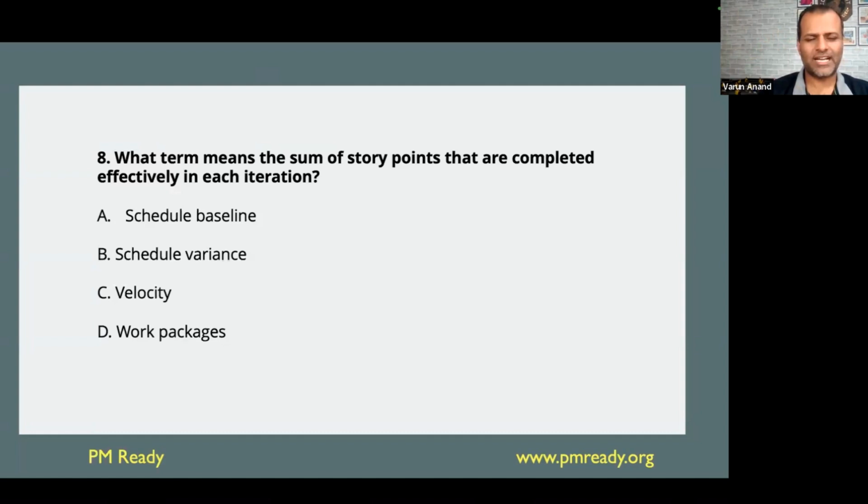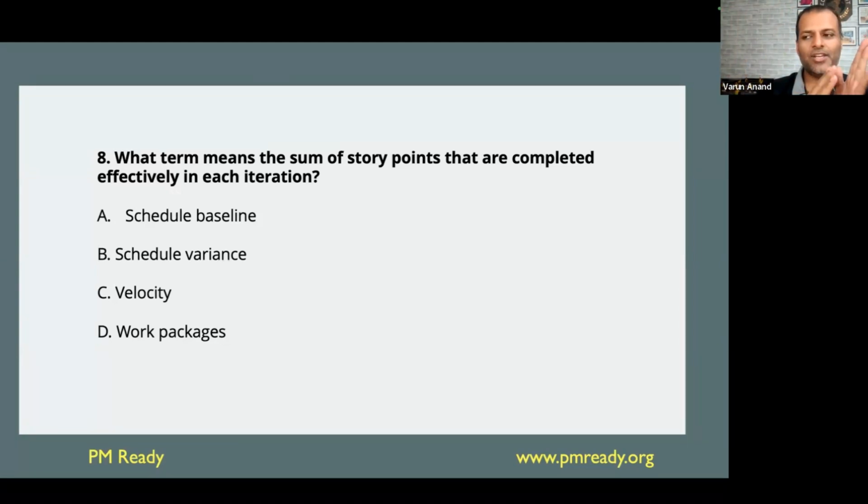Now, what are story points? Again, it is too technical, and I have not done proper justice because I have not explained these things. But still, I will tell you. Let's say we are working on 10 requirements. The first requirement will take, let's say, 1 hour. The second requirement will take 2 hours. The third requirement will take 3 hours. Just as an example, what will be the velocity? It will be 1 plus 2 plus 3.